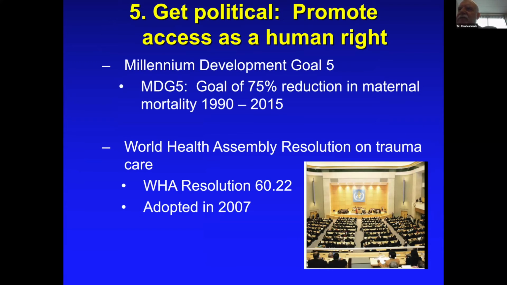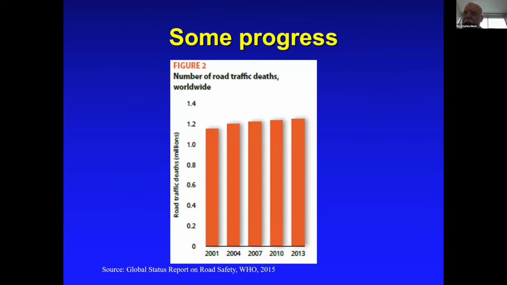It consists of every minister of health in the world or their designees. It meets once a year in Geneva and adopts certain resolutions that call on countries to take certain actions, more or less voluntarily, but then there are required actions by the WHO. And I think we've been making some progress.